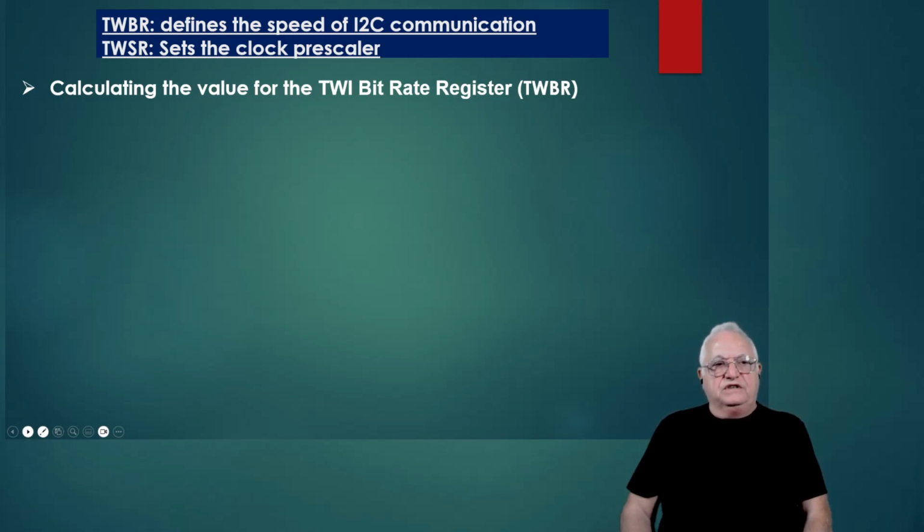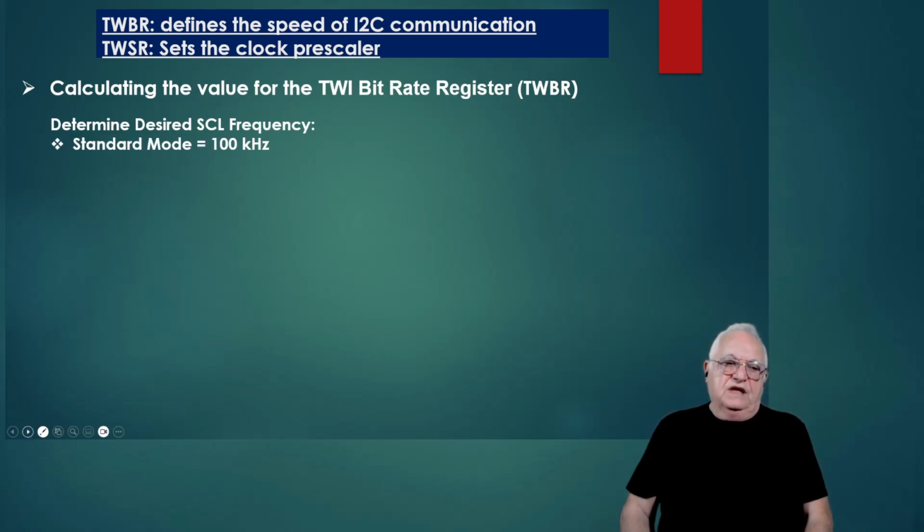That's the name of the register. Now, how do we determine the desired frequency? It is common that the transmission will be at 100 kilohertz or 400 kilohertz. That's the typical speed that you would use, one of those two on your bus.